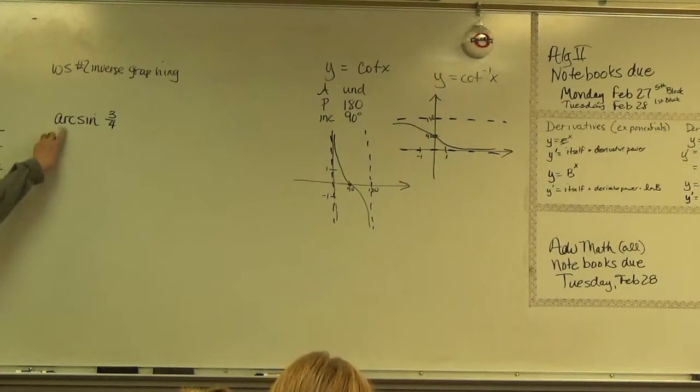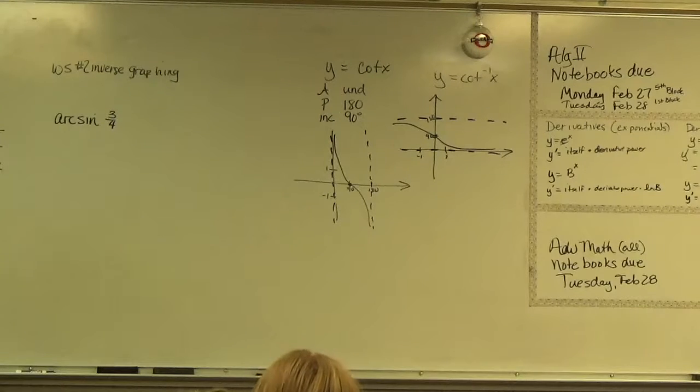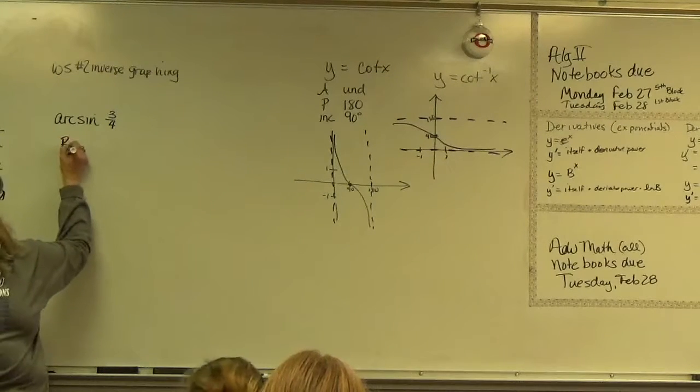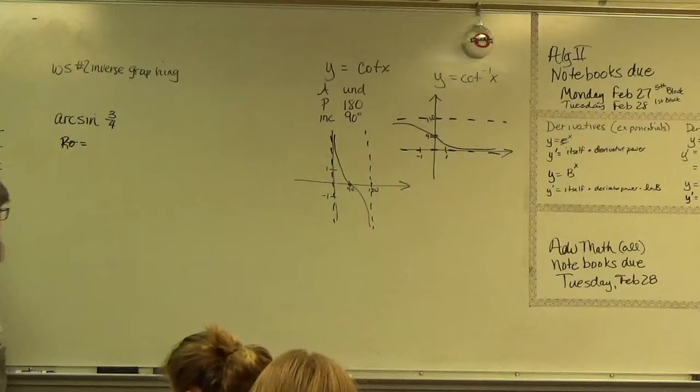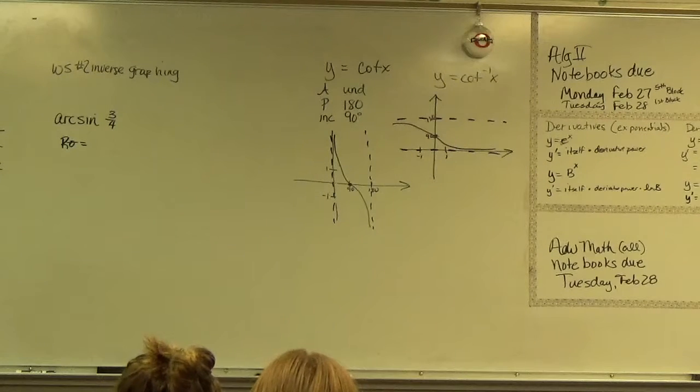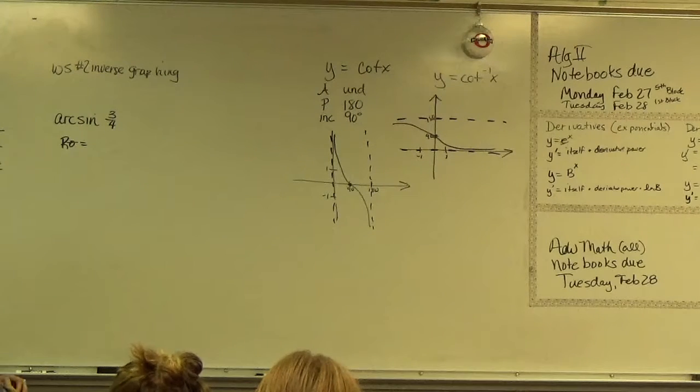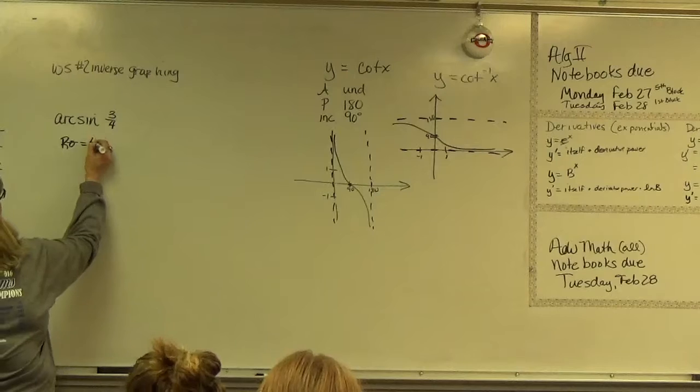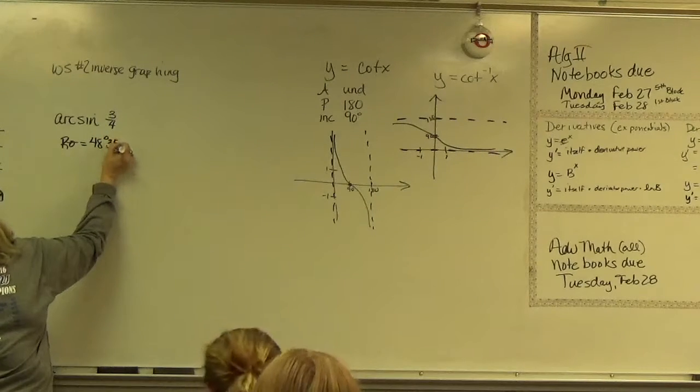Okay, but this one's not a capital letter, it's a lowercase letter. So we need to go to our calculators to find the reference angle. So what's the reference angle for 3/4? Has everybody found it yet? The degrees minute seconds. 48 degrees, 35 minutes. Anybody else, 48, 35?